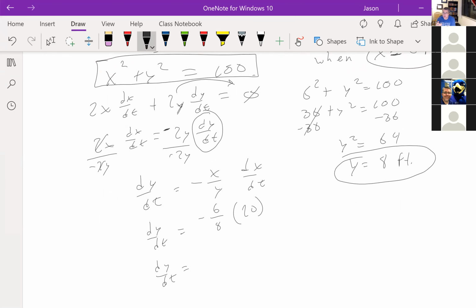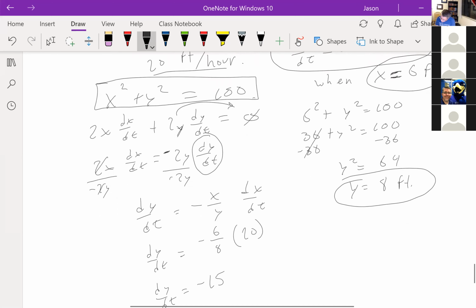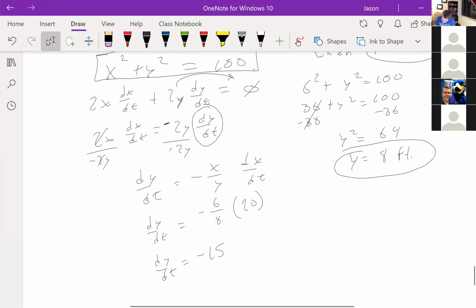As the x is going up, the y would have to be going down. So dy/dt is 120 over 8. 120 divided by 8 is 15. So this is negative 15 feet per hour. The y is going down in this case.